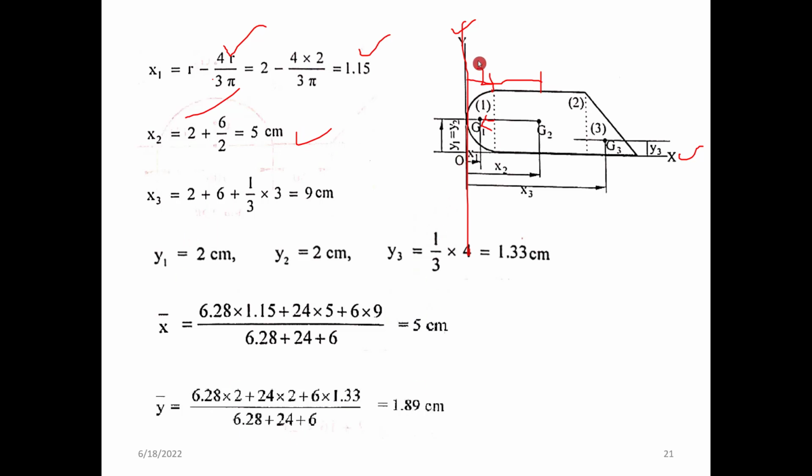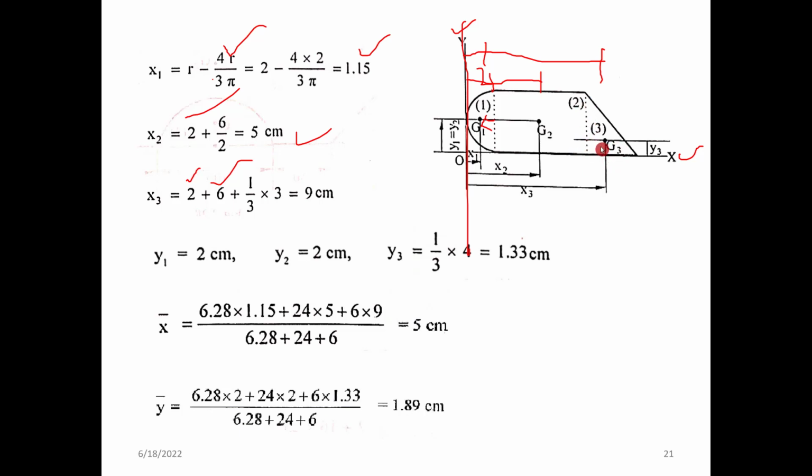X3 means you have to start by covering both the semicircle and the rectangle. So it should start from here up to this point. First 2 is the radius of the semicircle, then 6 is the total length of the rectangle, and then for the triangle we know the centroid value is b by 3 for the x bar and h by 3 for the y bar.